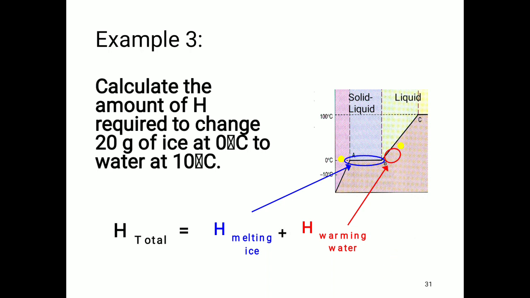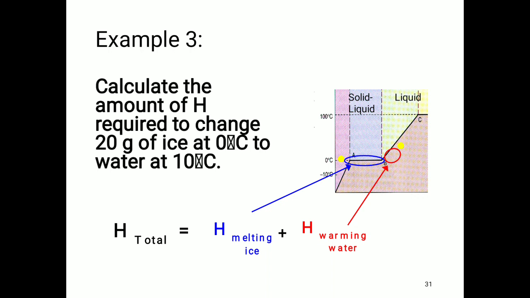Total heat required for this case: first you have to melt the ice, that is the melting process, the phase change process. During this process there will be no temperature difference, and after the heat the ice will convert into water. Then you have to supply heat to reach the temperature of 10 degrees centigrade.